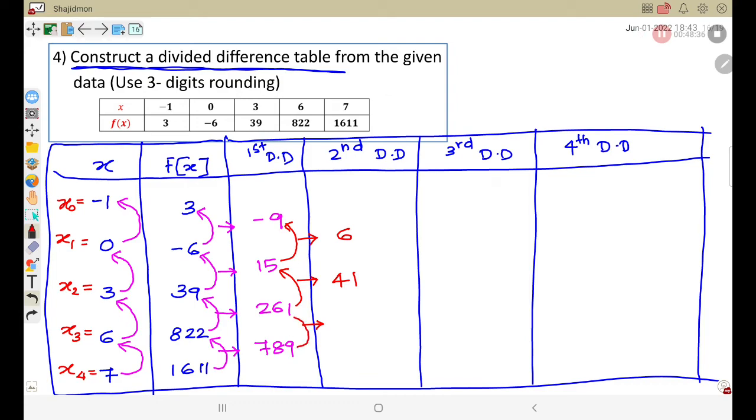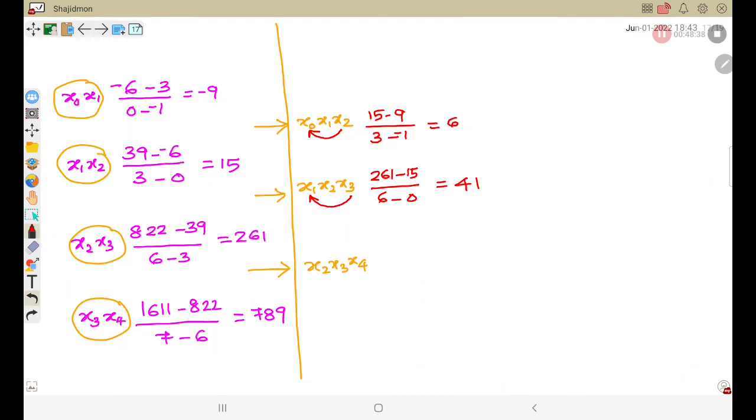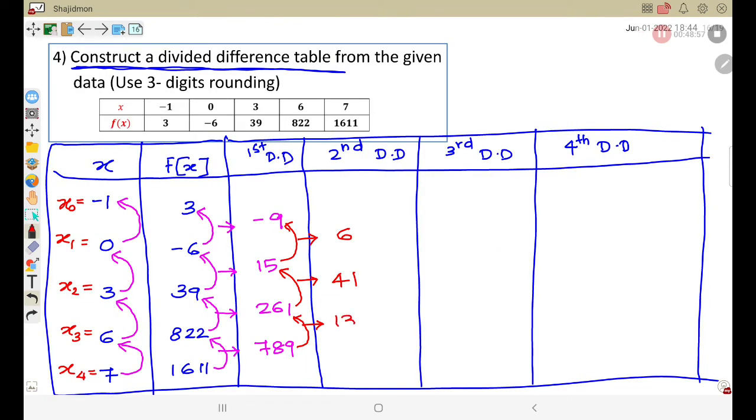Now again this number minus this number, 789 minus 261 divided by x4 minus x2. x4 number is 7 minus x2 number is 3. You will get 132. So I can write here 132.